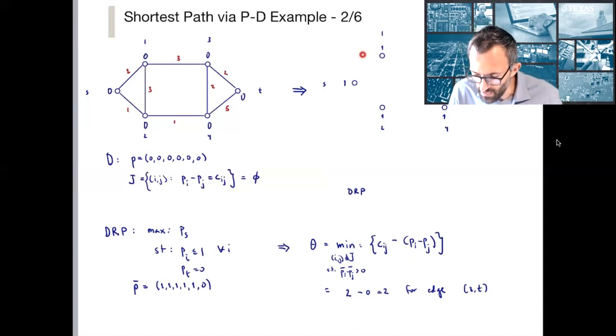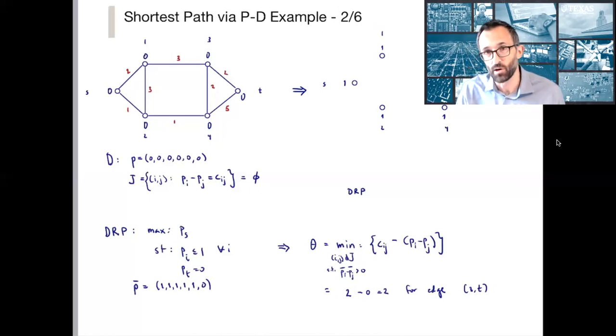For none of these edges among the first ones, because everything is labeled 1 there. All the P bars are the same with the exception of the P bar that corresponds to T. So the only instance where Pi bar minus Pj bar is greater than 0 is when j is equal to T. So I have 2 edges here that are candidates in this minimization.